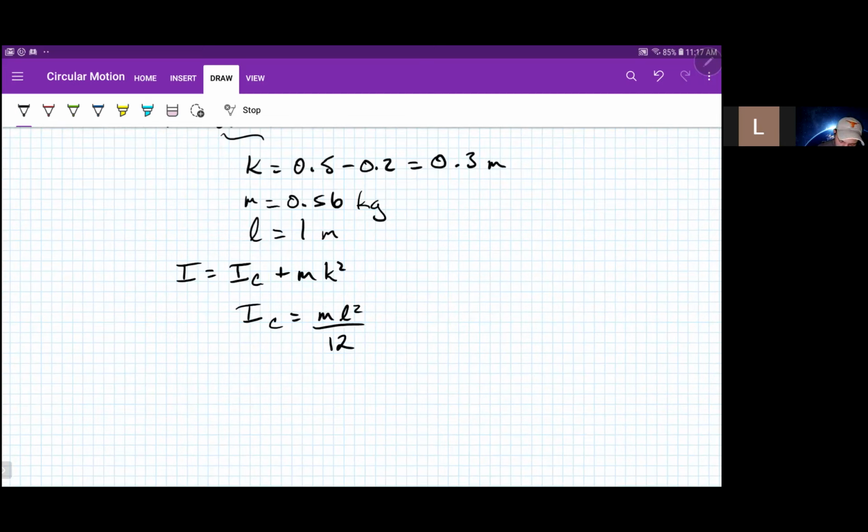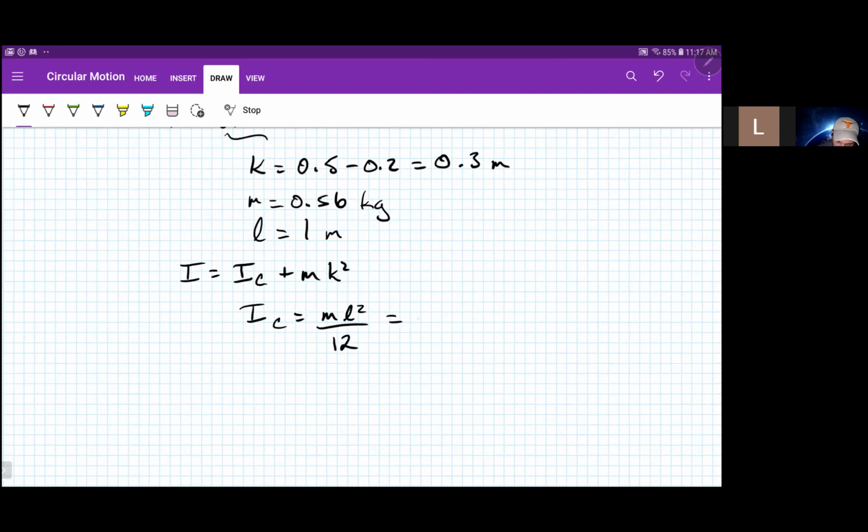So I'm going to plug in the values for IC: 0.56 for m, 1 squared over 12. That gives me 0.047 kilogram meter squared.